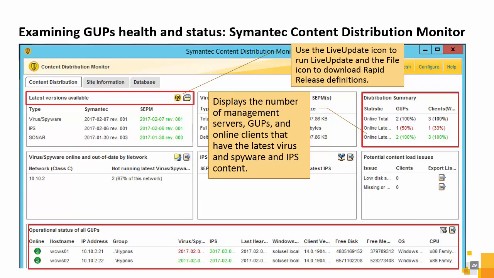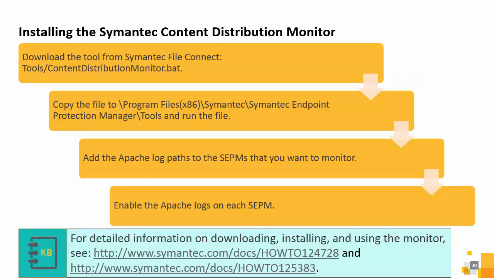The monitor is a lightweight, standalone tool that is designed to run directly on the Symantec Endpoint Protection Manager server, which returns a graphical display of the content distribution status. This slide shows you the high-level steps to download and install the Content Distribution Monitor. For more detailed information on how to download, install, and use the monitor, refer to the KB articles shown on the slide.